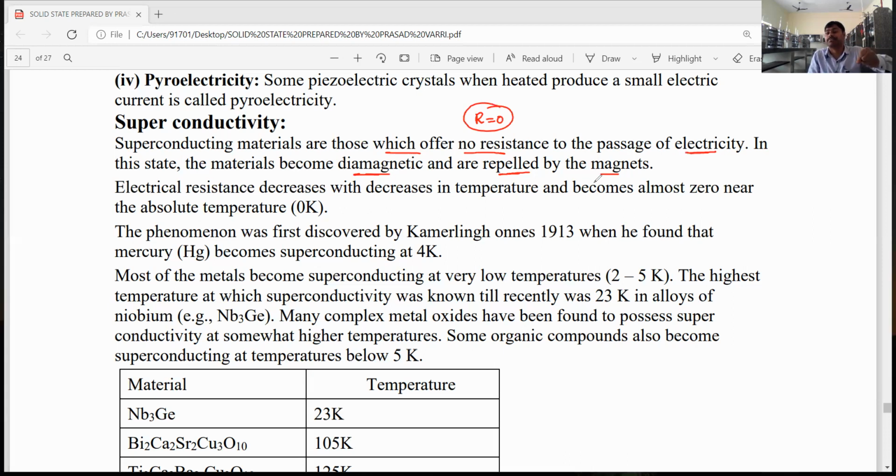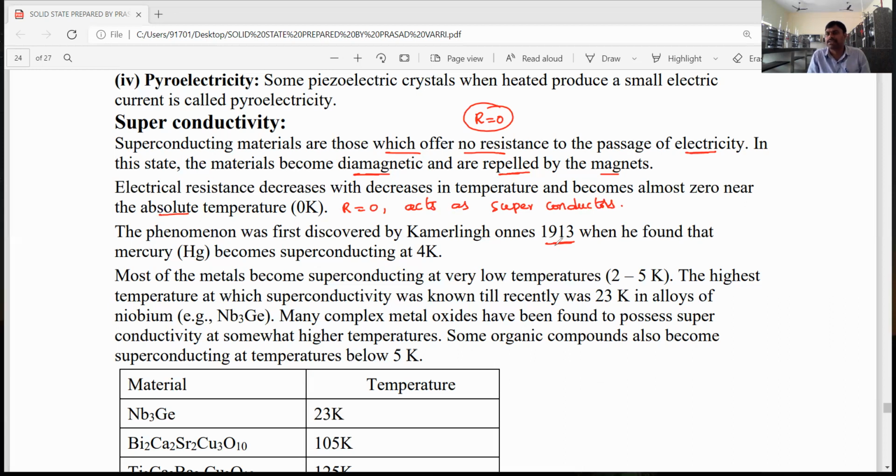At what temperature does the resistance of conducting materials become 0, dear students? It is almost 0 near the absolute temperature. So at absolute temperature the resistance is 0 and they act as superconductors. This superconductivity phenomenon was first observed by Kamerlingh Onnes in 1913.